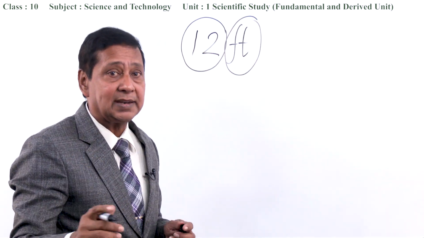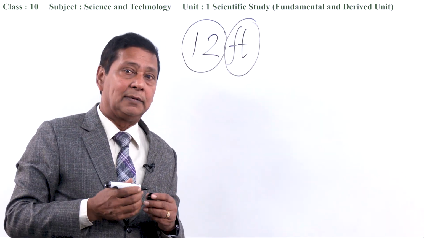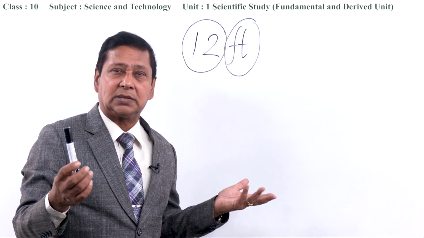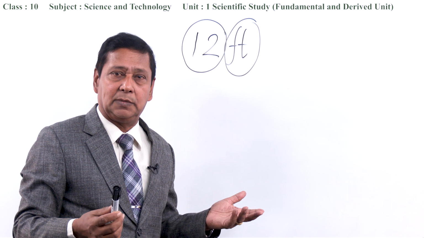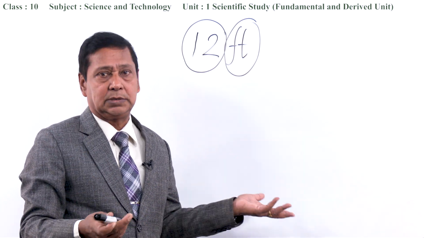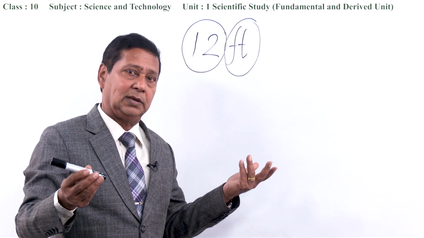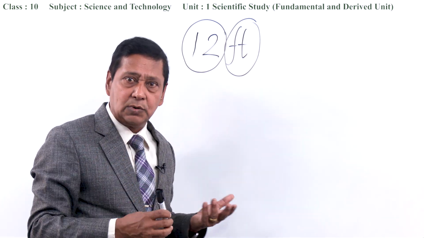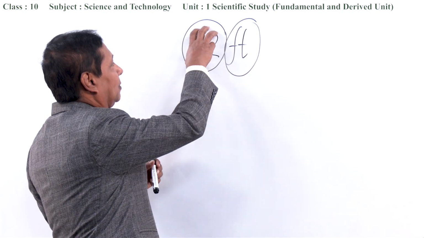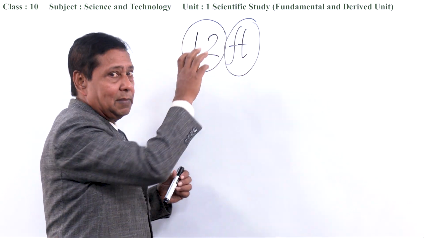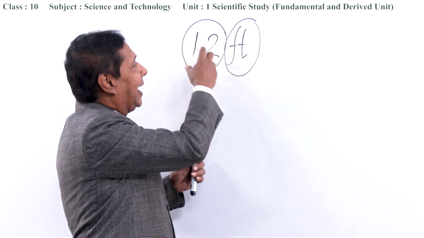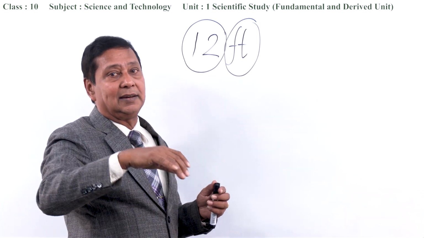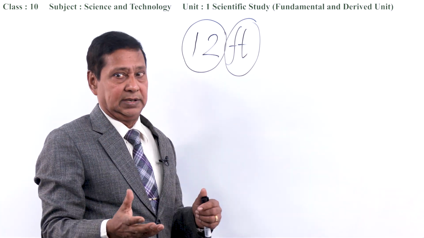If someone says that length of this room is 12, then this exactly makes us confused. It's not exact measurement. What 12? 12 may be meter also, or maybe inch also, or maybe feet also, or some other unit also. That's why only the number cannot express the measurement. Number along with a unit expresses the measured physical quantity.